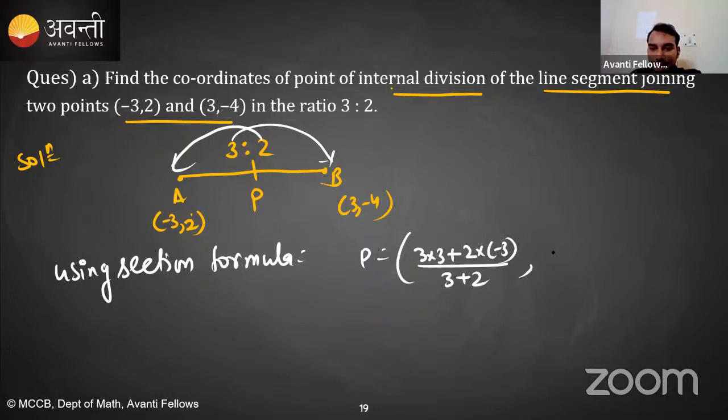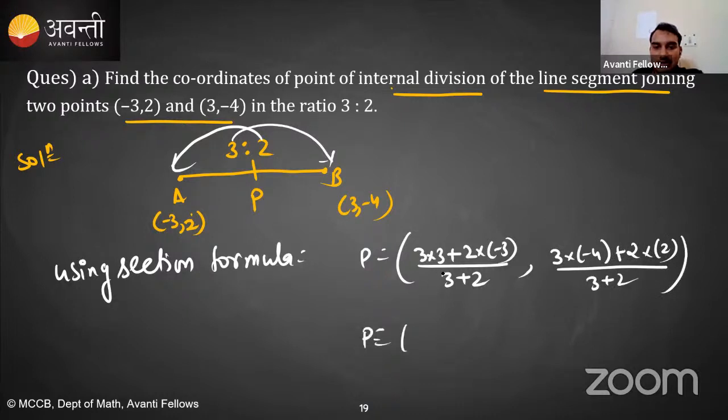The y coordinate is 3 into minus 4 plus 2 into 2 upon 3 plus 2. Simple. So P is (9 minus 6) by 5, that is 3 by 5, comma, (minus 12 plus 4) by 5, that is minus 8 by 5.